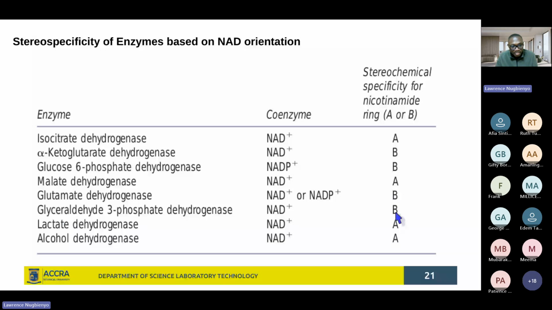And the last two, lactate dehydrogenase and alcohol dehydrogenase, when they're acting with the coenzyme NAD+, they will take the hydride ions from the front side. So that's another form of specificity pertaining to orientation of the nicotinamide nucleotide coenzyme.